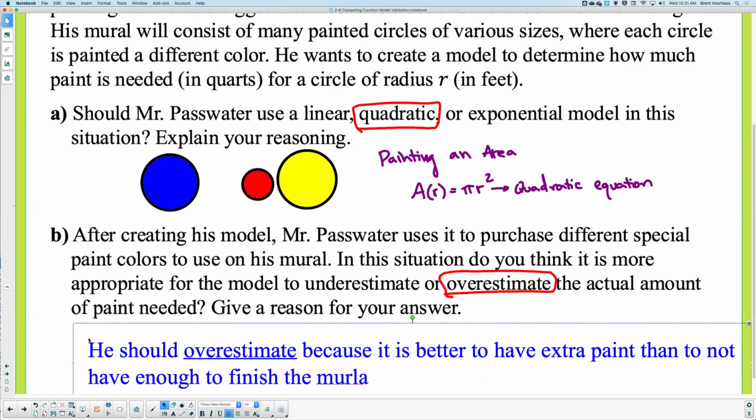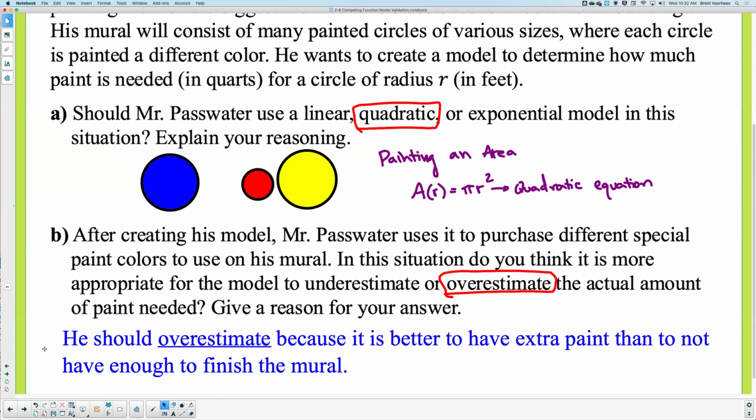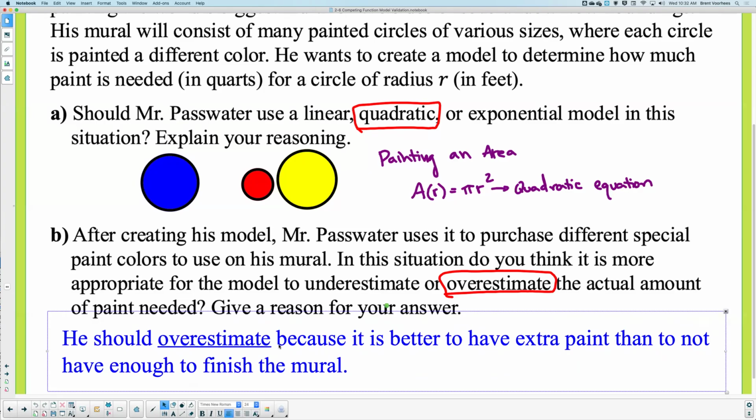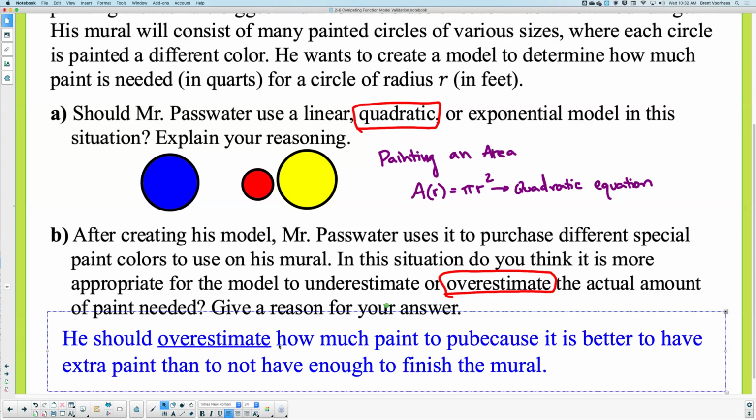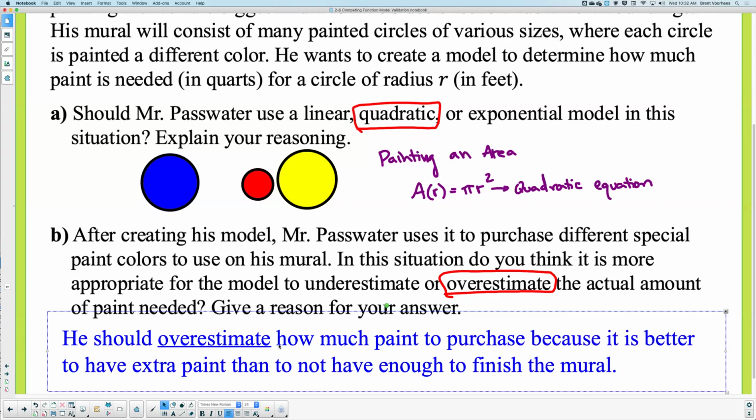That would just be embarrassing if you were painting on the side of a building downtown and you ran out of paint, you weren't able to finish your painting. That would just be embarrassing. So yeah, he should overestimate the amount of paint. Should overestimate how much paint to buy. It's better to have extra paint than not have enough to finish the mural.